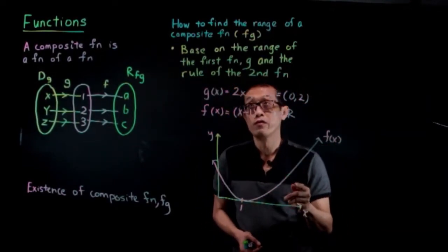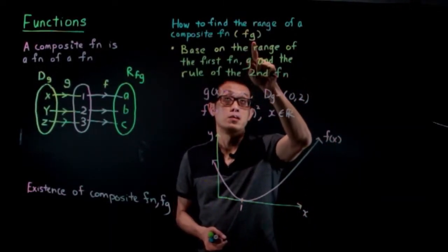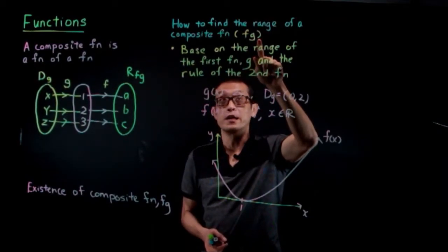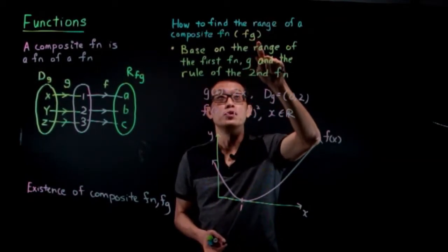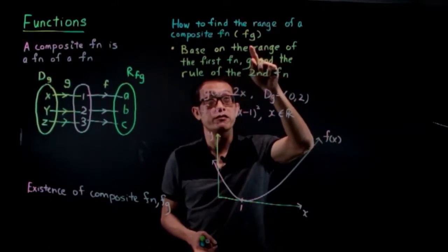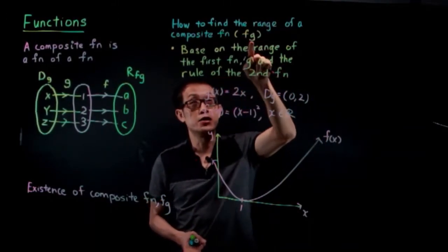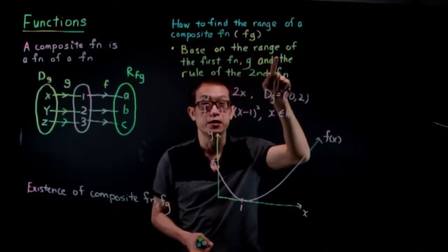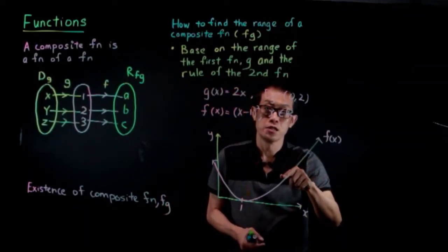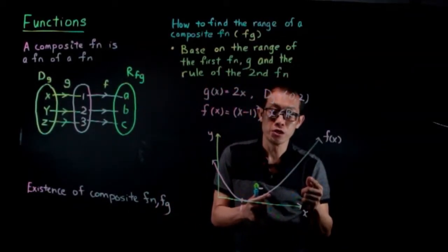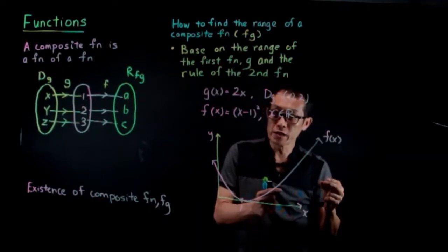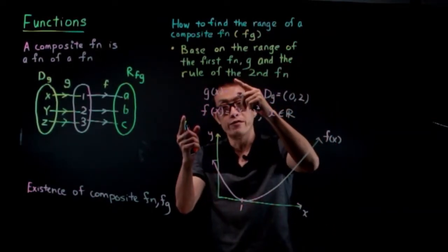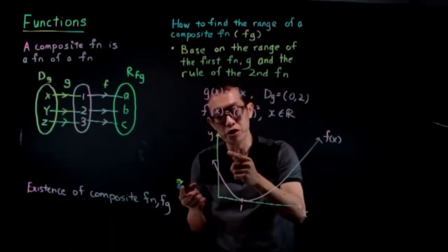Now for the composite function, first you put the domain of g, or the first function, into g, then you get the range of g. Now from the range of g, you put the range of g into f to get fg.